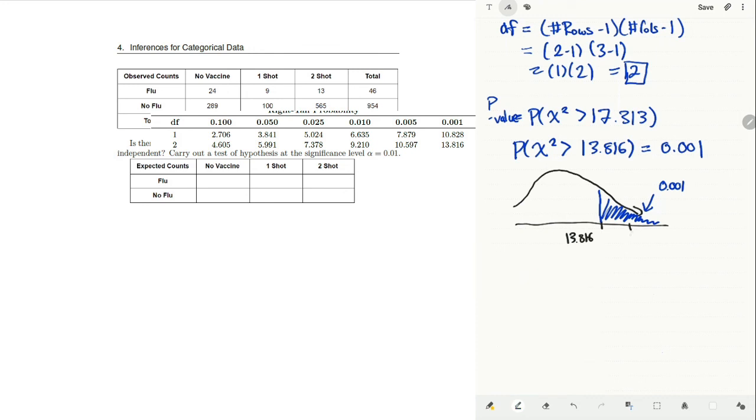And so for our test statistic, we have 17.313, which corresponds to this red region.